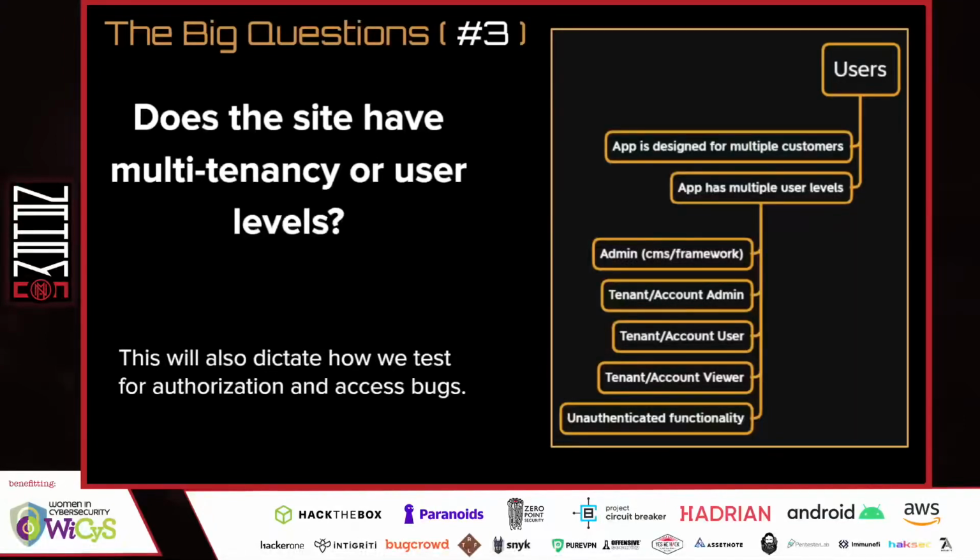All right, so the third question is, does the site have multi-tenancy or user levels? This will dictate the classes of bugs we check for in authorization and access.